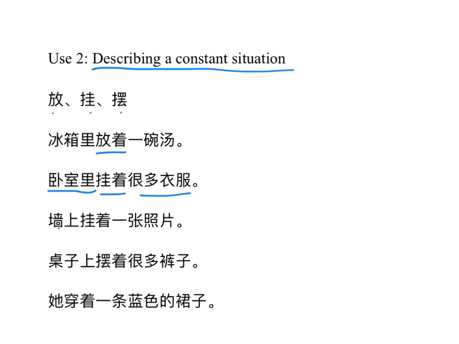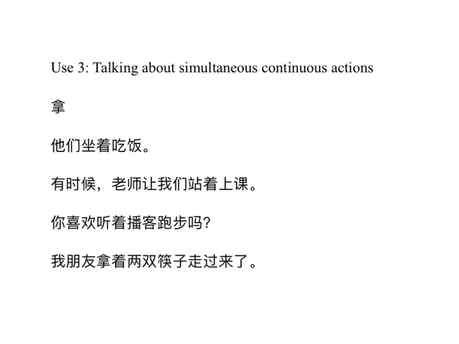Okay? So in this case, it's she is wearing a blue dress. 她穿着一条蓝色的裙子。可以吗？好，下一个。这儿啊 we can use it to talk about simultaneous continuous actions.